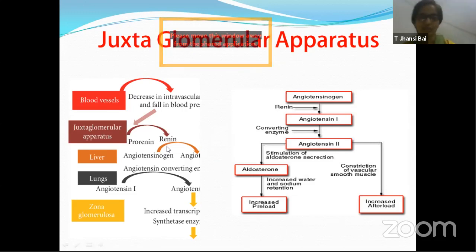Very important question. Now, what this renin does is that there is one protein that is produced by the liver, called angiotensinogen. This is an inactive protein. This angiotensinogen is converted into a stable protein, which is angiotensin.